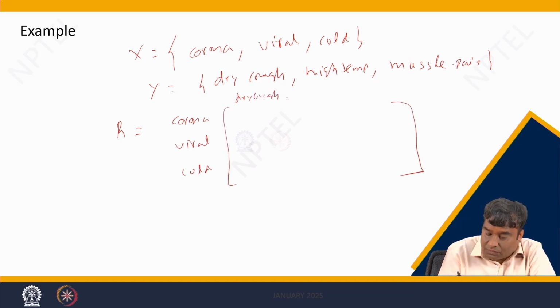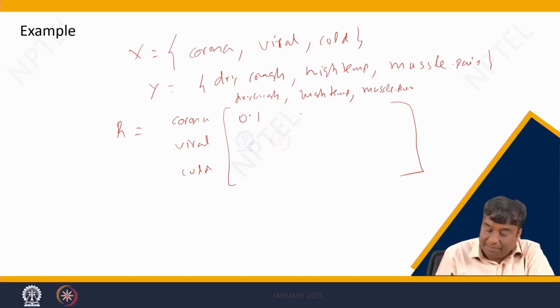Define the strength between the tuples X and Y. So this is the tuples, X is viral, cold, and these are the symptoms.